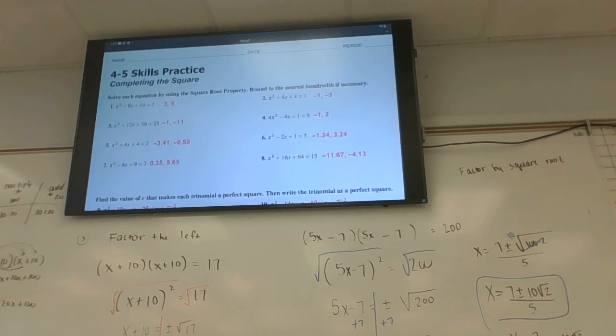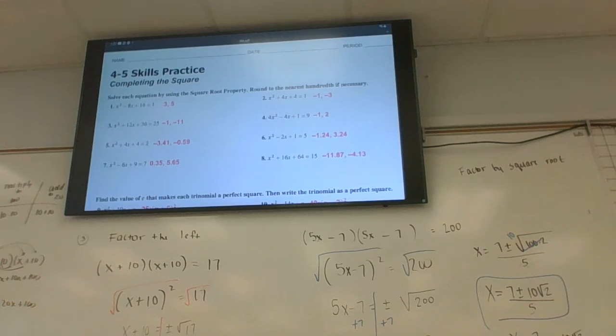So number 5, you should have had negative 2 plus or minus the square root of 2. Not that decimal. Number 6, you should have had 1 plus or minus the square root of 5.